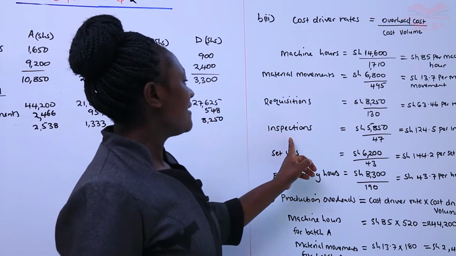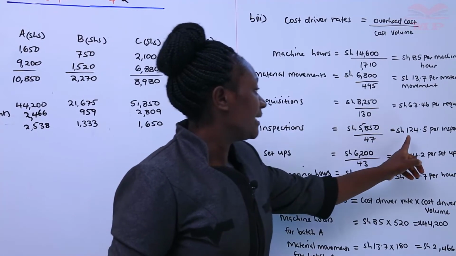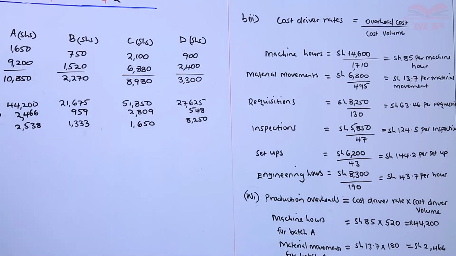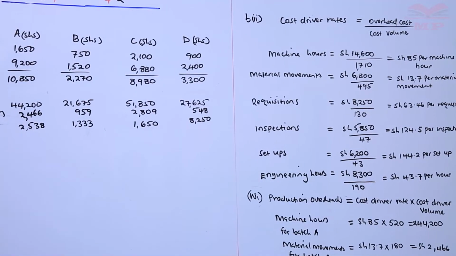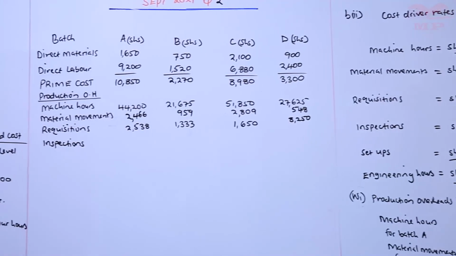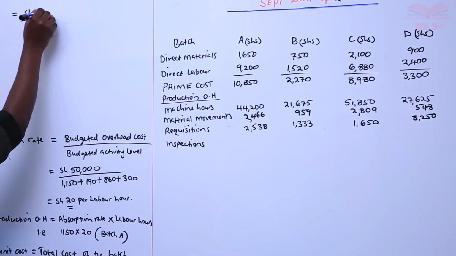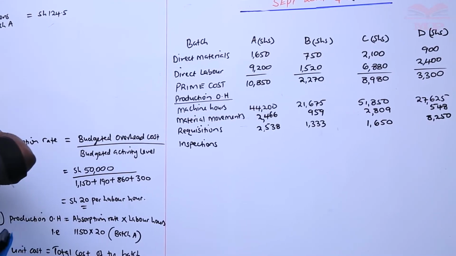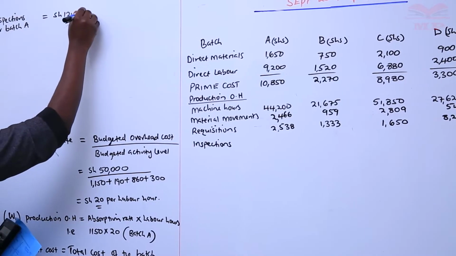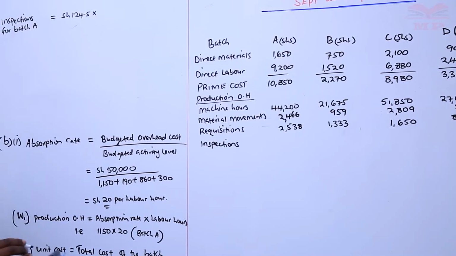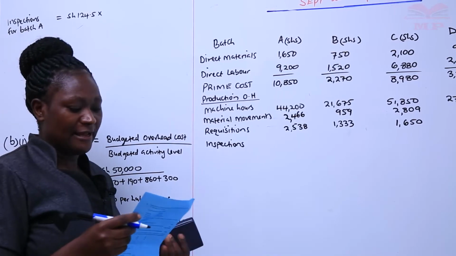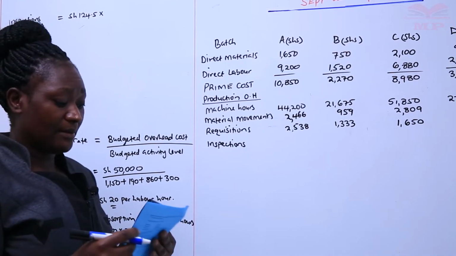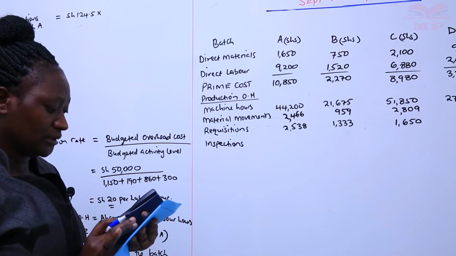The cost driver rate for inspections had already been calculated, which is 124.5, that is 124 and 50 cents, and we multiply that by the cost driver volume from note number 2 under inspections.